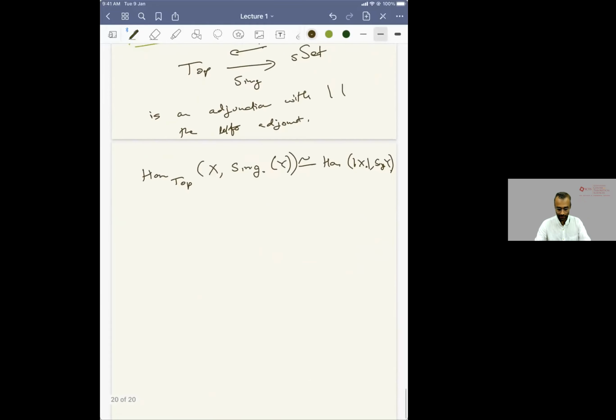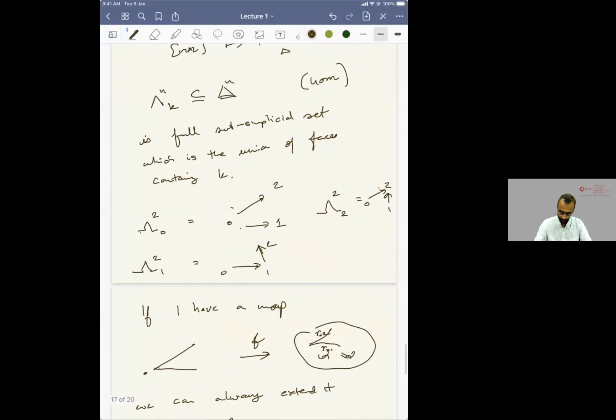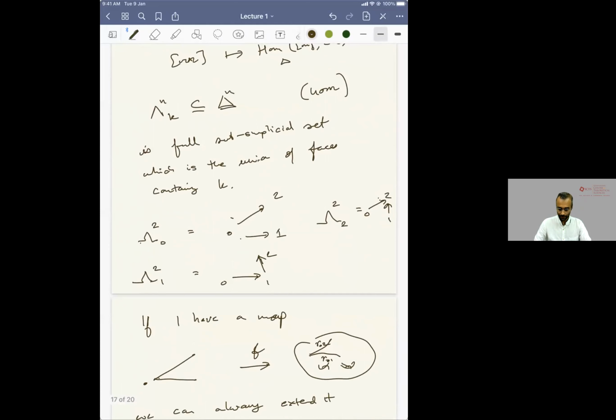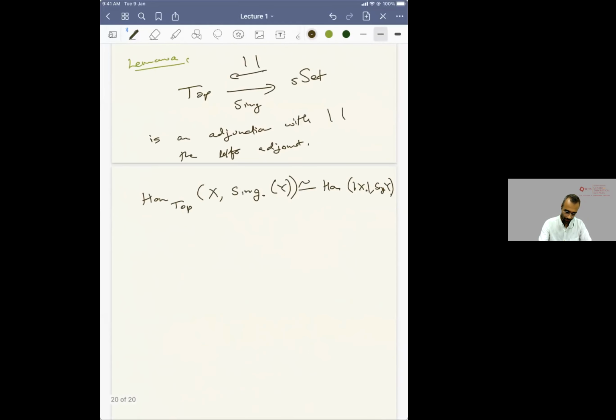So I defined geometric realization. Now, what I was saying earlier was that I can define this abstract n-simplex, and the geometric realization of the horn is a retract of the geometric realization of delta n. The geometric realization of delta n, this underline n, is just the geometric n-simplex.